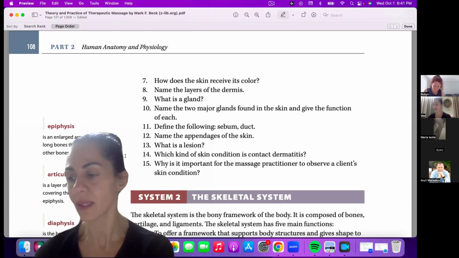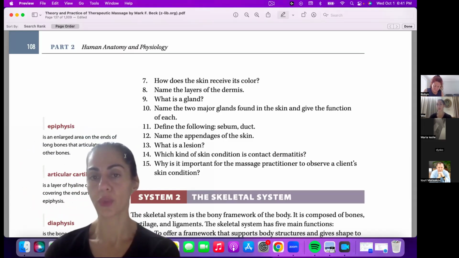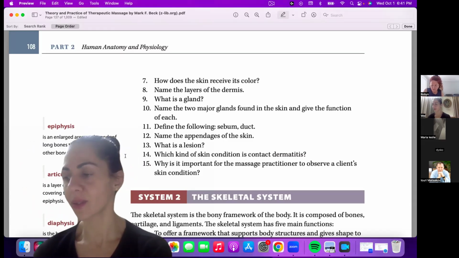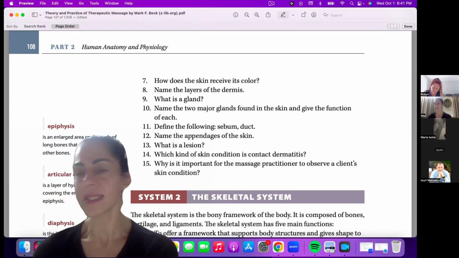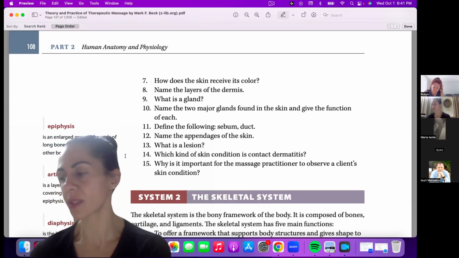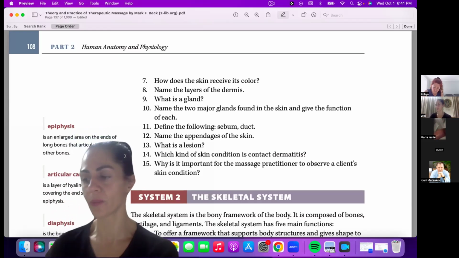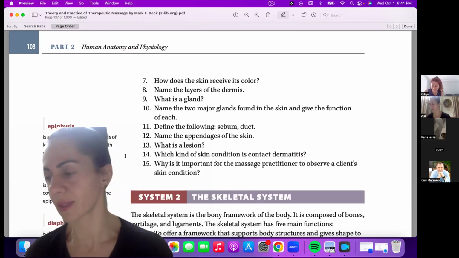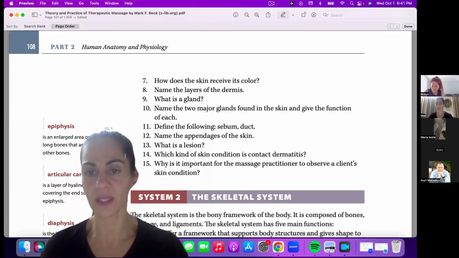It lubricates and conditions the skin. A duct is a passage or a canal for the fluid to come out of the gland.